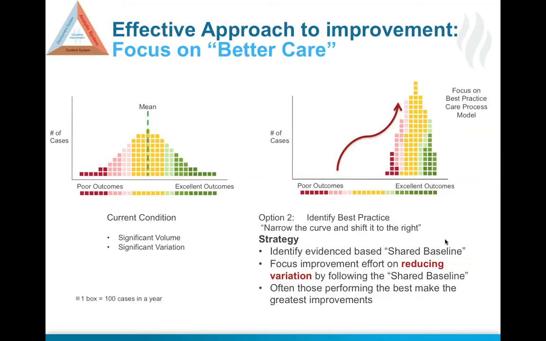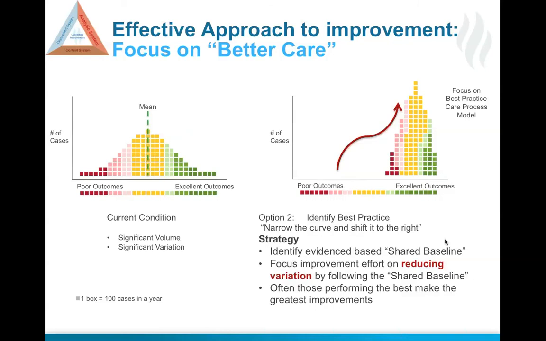A better approach may be to identify the best practice. What are our very best clinicians doing, and can we tighten the curve, reduce the variability, and create what we would call a shared baseline?